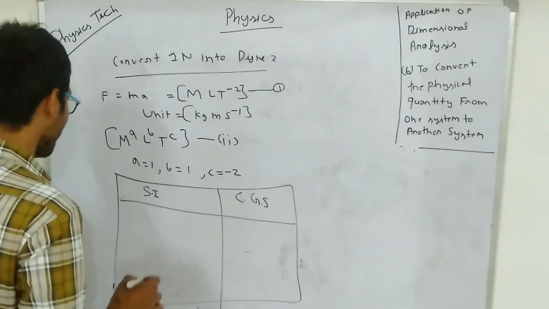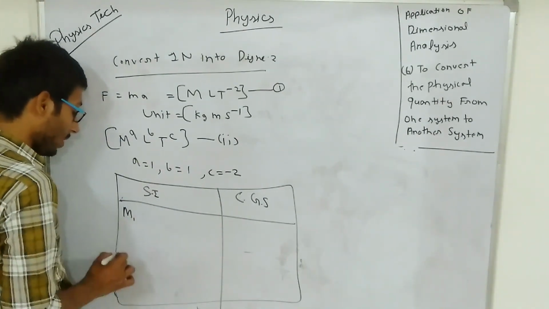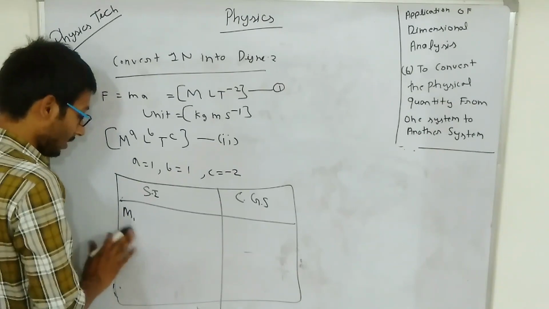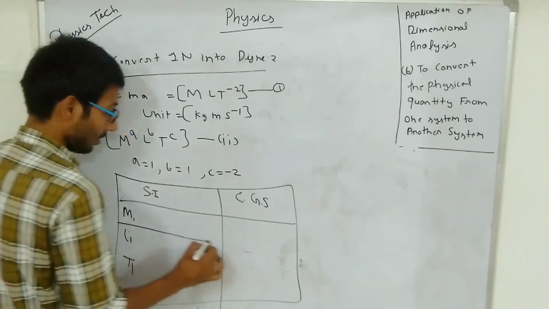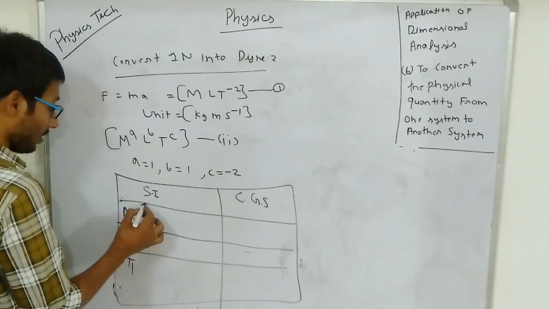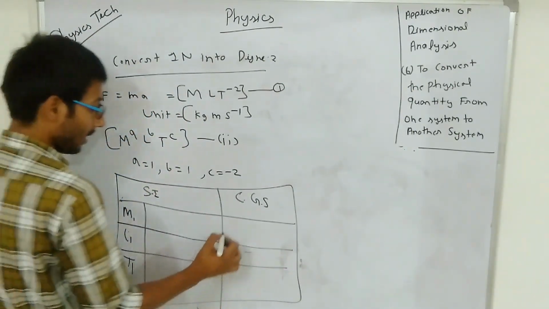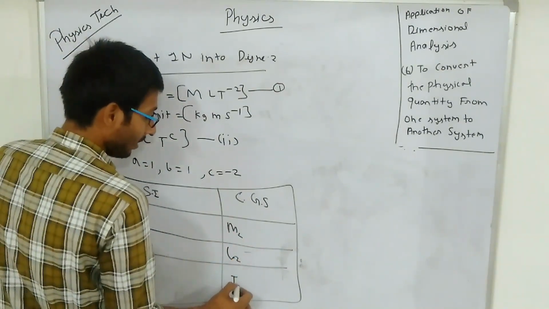Okay, now M1, L1 and T1 here, and M2, L2 and T2 here.